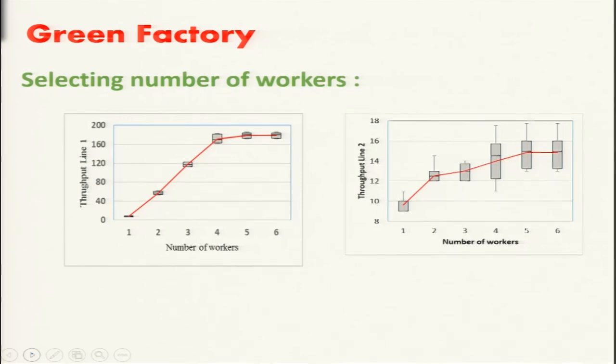This is the criteria of worker selection. I told you that we selected 4 workers. Finally, we started with 6 workers, that is 1 worker per process, but we came down to 4 workers. I also told you that if we choose 5 workers, this difference is only 4.7% in the productivity in line 1, and in line 2 this difference was 7%.